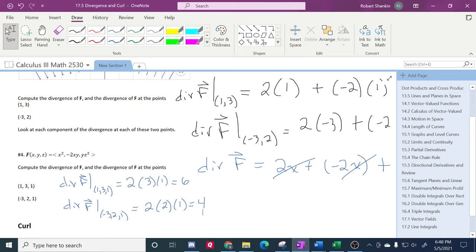I guess maybe I missed this. What does negative divergence mean? Like, does that mean convergence or what? Negative divergence means compressing the gas. Okay. Positive means expanding. And 0 is neither of that happening.